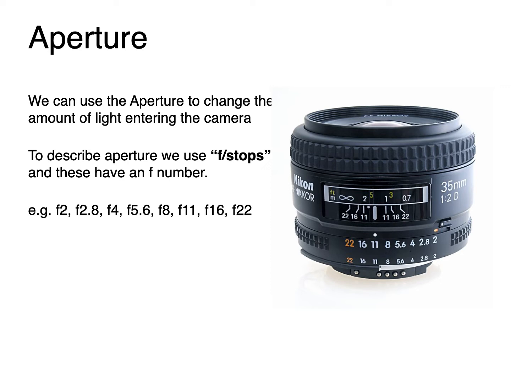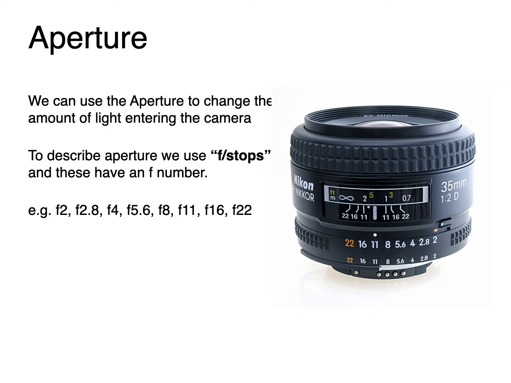Aperture is described using f-stops, and these have an f number. If you see the lens part, f2, f2.8, f4, 5.6, 8, 11, 16, and 22. These are all the f-stops used to change the amount of light entering the camera.